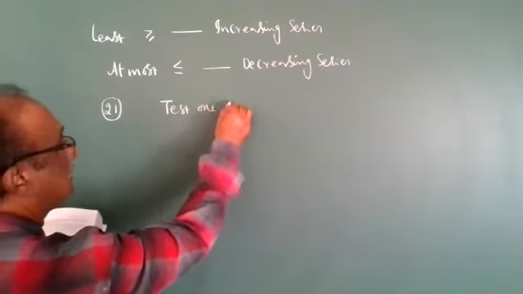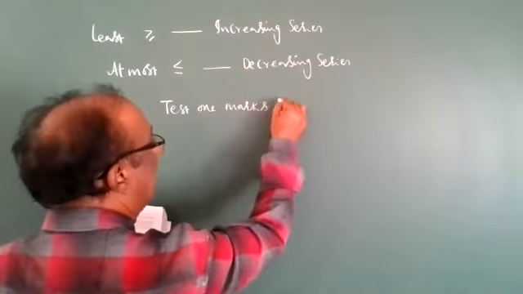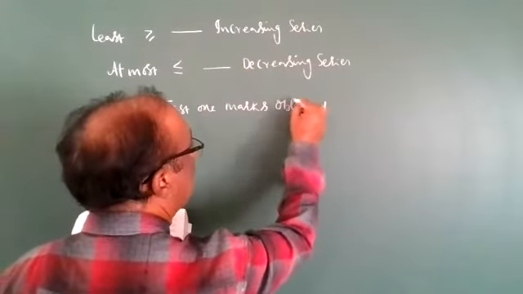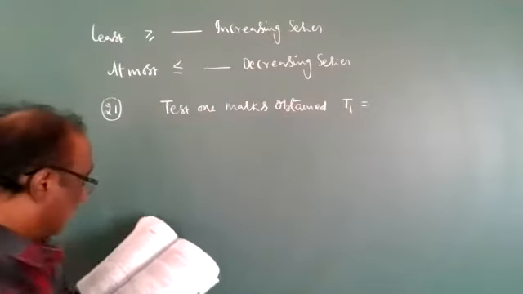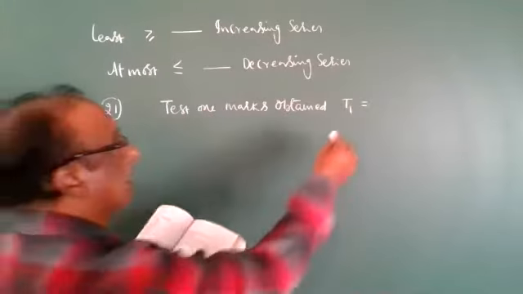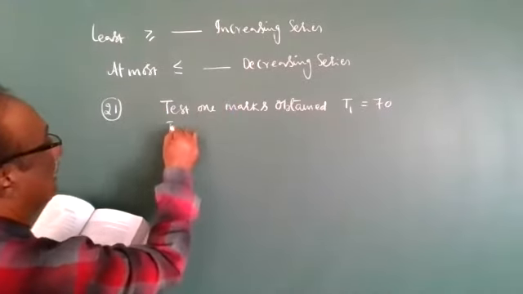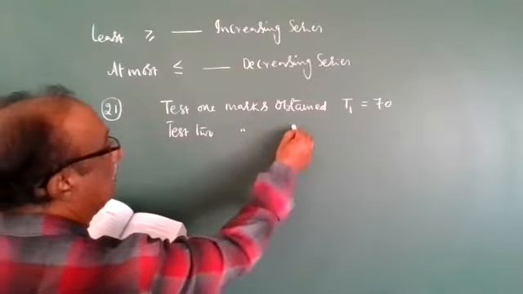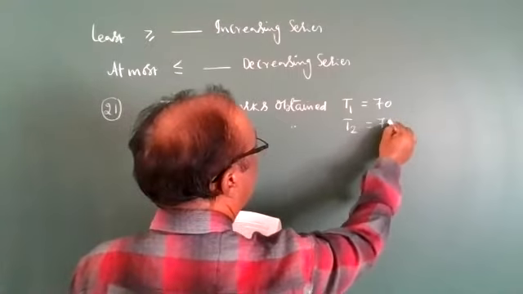Test 1 marks obtained: T1 is equal to 70. Test 2 marks obtained: T2 is equal to 75.